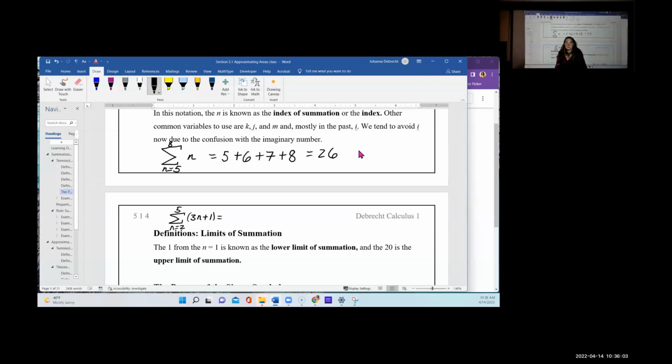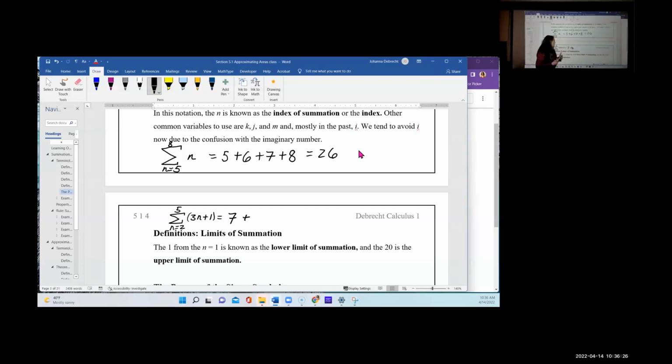What does that mean? Well, I'm going to start where n is 2, and I'm going to go to 5. So the first time that n is 2, I plug 2 into the summand, the expression behind the sigma, and I get 3 times 2 is 6, plus 1 is 7. So my first expression when n equals 2 is 7.